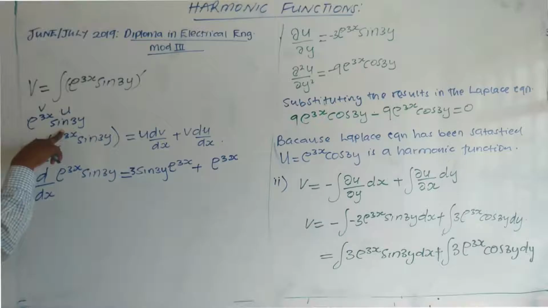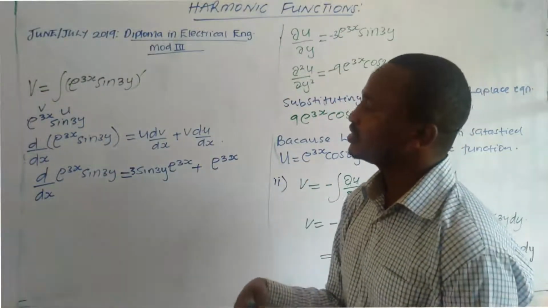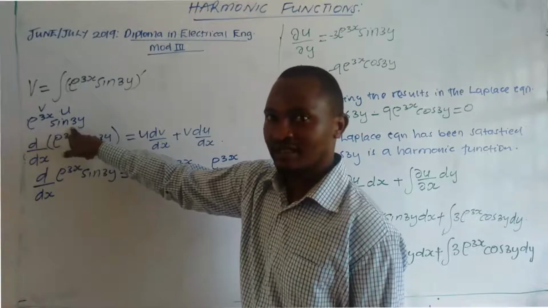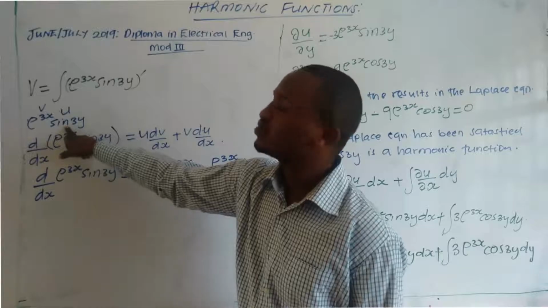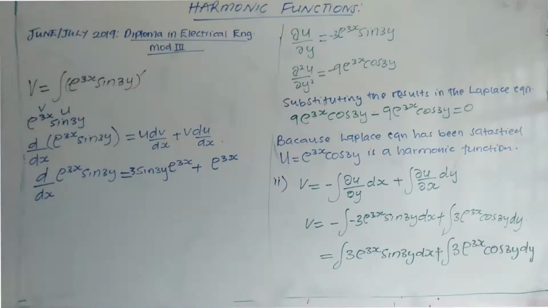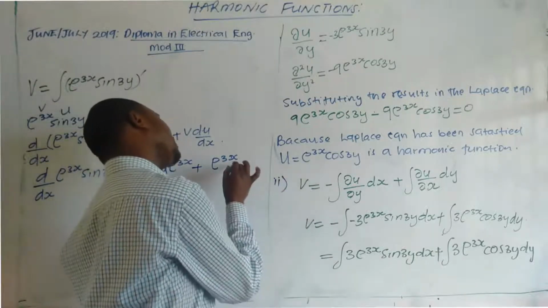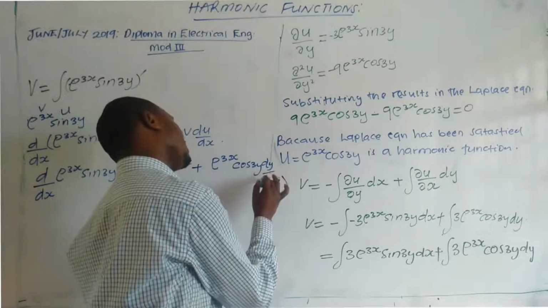But now we differentiate our u. If we differentiate u, which is sine 3y, with respect to x, you have to use differentiation of an implicit function. Sine 3y, because you are differentiating it with respect to x, it will be an implicit function. So using the method for differentiating implicit functions, you differentiate it to get cos 3y dy dx.